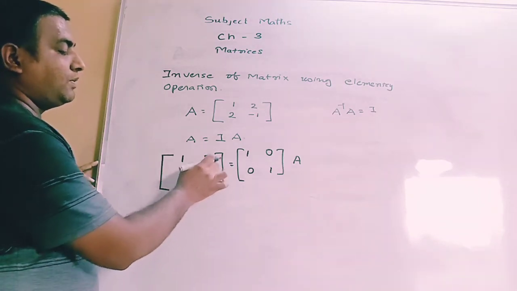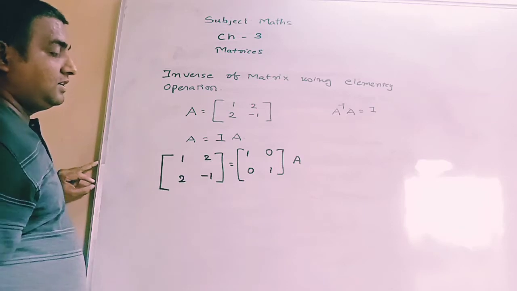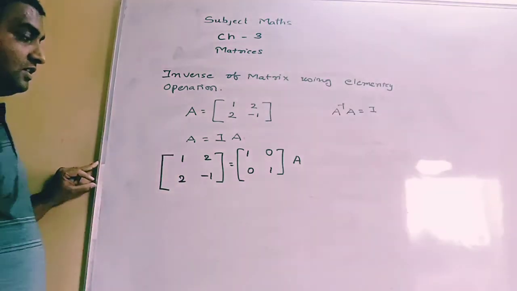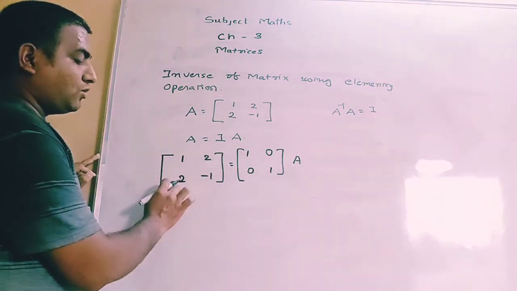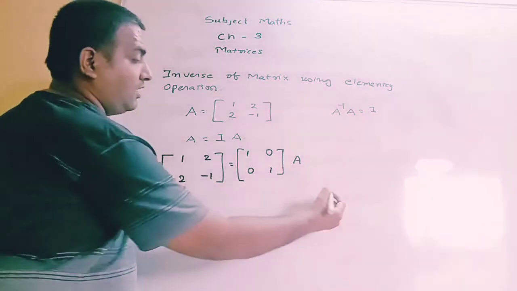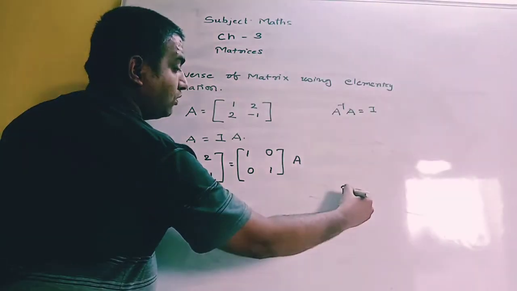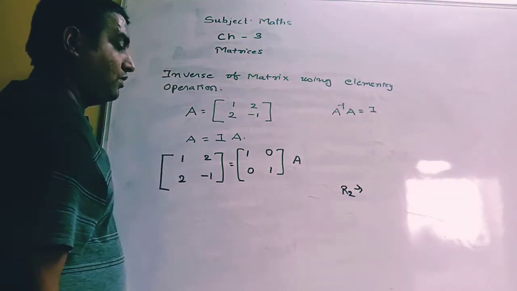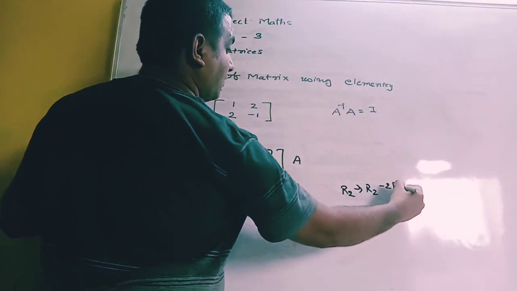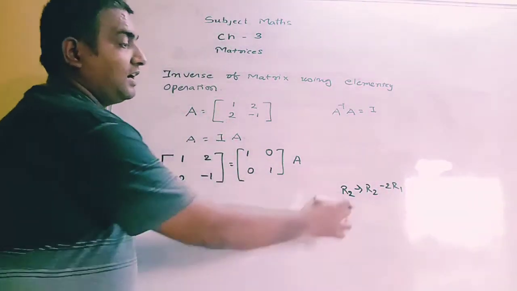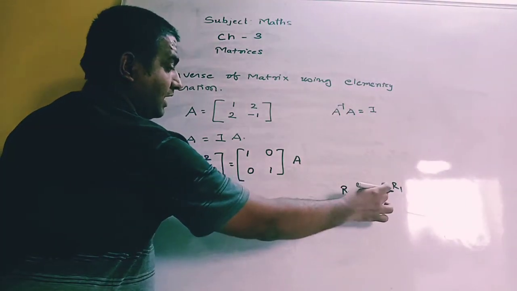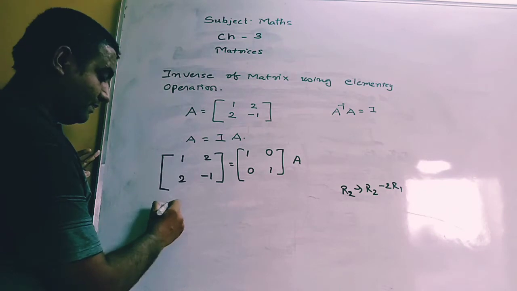So here the first entry is already 1. Now in the second row we want to make 0, so 2 minus 2 is 0, and here we will apply R2 transforms into R2 minus 2R1, that is, the first row multiplied by minus 2 and added to the second row.